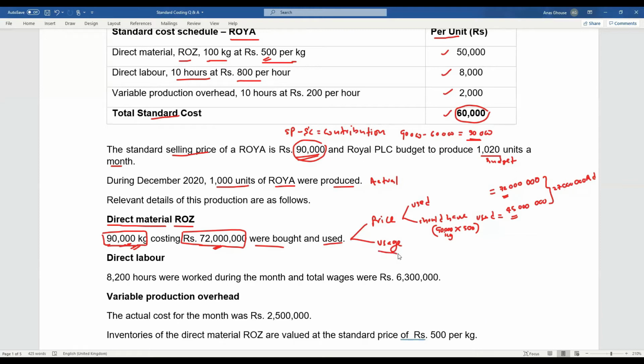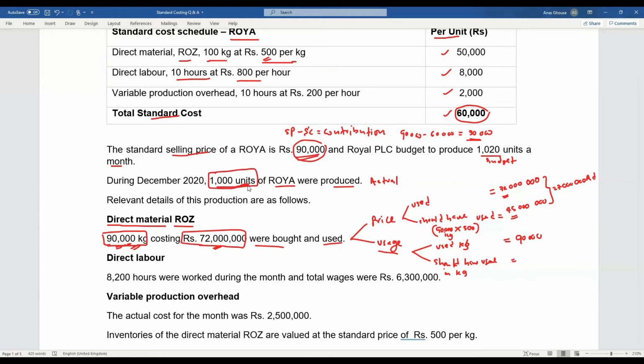How about the usage variance? For the usage variance also, we have to compare two things: how much we used in kg, and how much we should have used in kg. As you can see, we used 90,000 kg to produce 1,000 units.